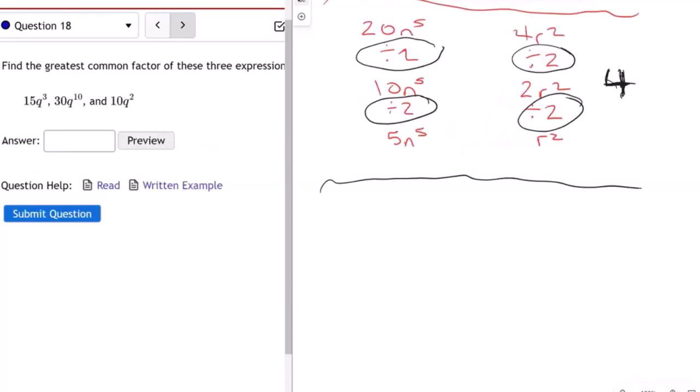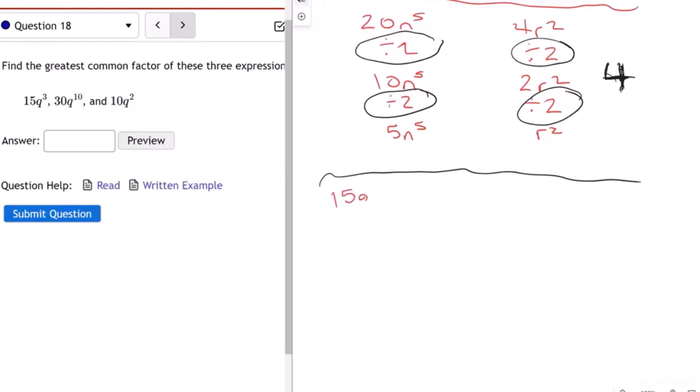I have 15 q to the 3rd, 30 q to the 10th, 10 q squared. Now, I'm going to do it without a factor tree just because I can do it a little faster without a factor tree. 15, I know is 3 times 5.